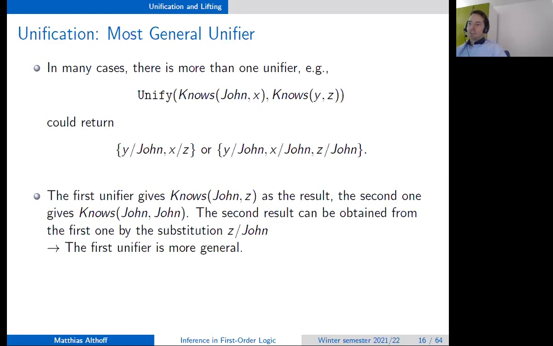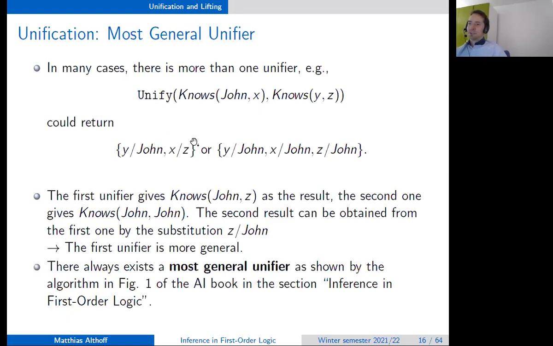So usually you want to keep everything as general as possible. That's why the first one is usually preferred, because if you don't keep it general, you might not have all the facts or all the knowledge that you need to prove a certain thing. You can always make it more concrete anyways. That's easy to do by a substitution, but you want to keep it open as long as possible.